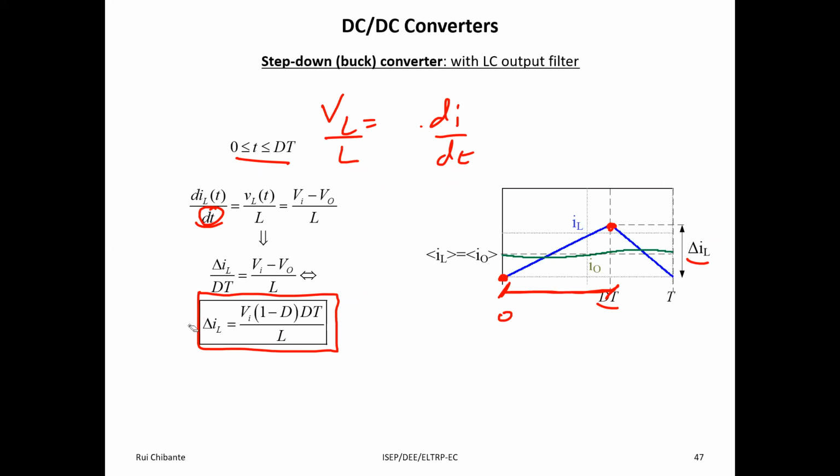So this is very typical, and basically we can say, using this second approach, that we can design the inductor from the current variation. And we are going to see that we are going to design the capacitor using the voltage variation.